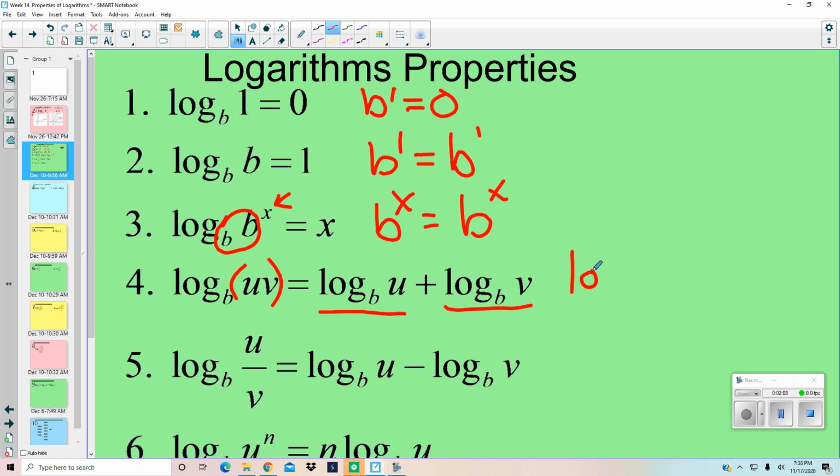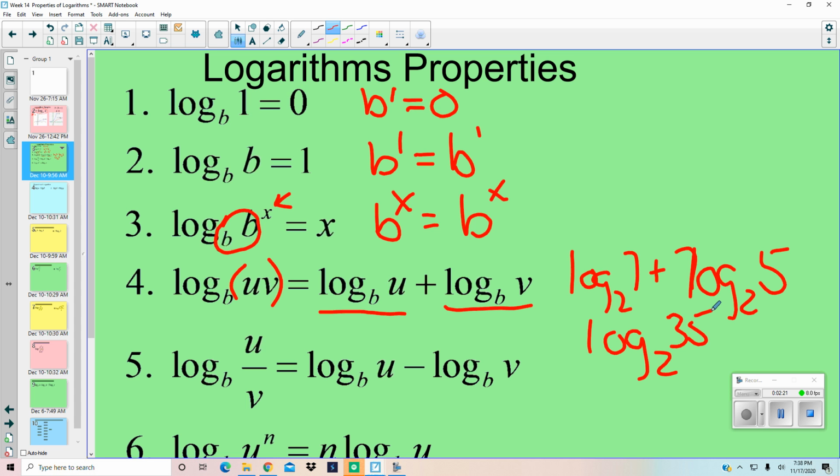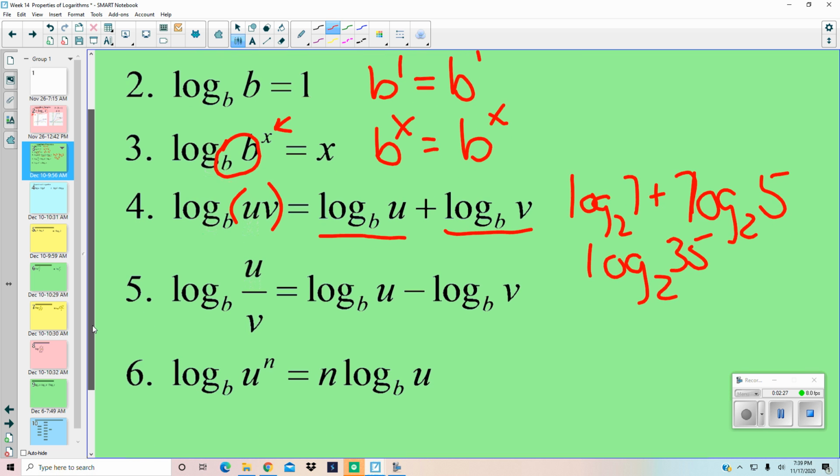So if I have log base 2 of 7 plus log base 2 of 5, that could become log base 2 of 35, because I can multiply the 7 times 5. Subtraction and division go together. And then the last one is when you have a power, so log base b of u to the n power, that n can be put down in front as a coefficient.